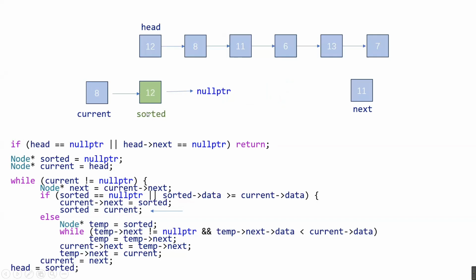This one, sorted will become this one. It is like the head of the sorted sequence, right? So we continue, jump to this line. The current will become the next element, which is waiting for sorting, right?